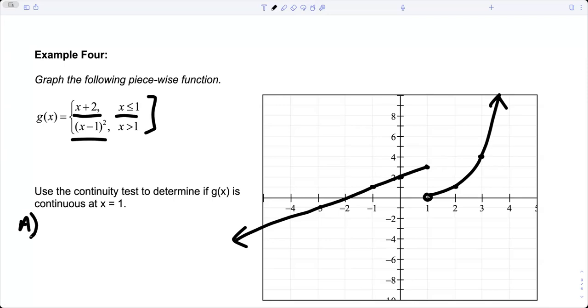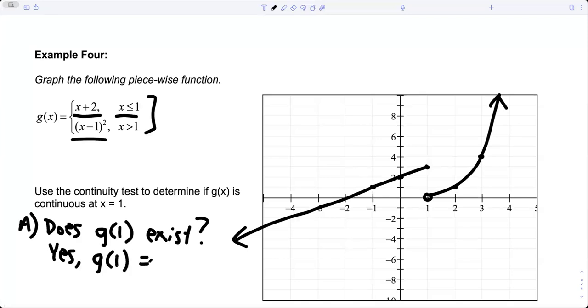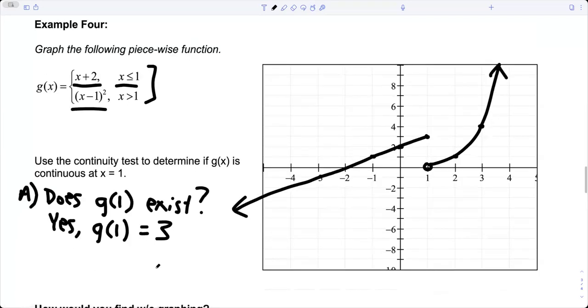Part A. Does g of 1 exist? Yes. g of 1 equals, what does g of 1 equal? 3. Part B. Does the limit as x approaches 1 exist?